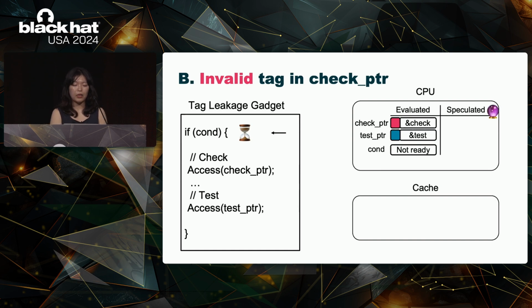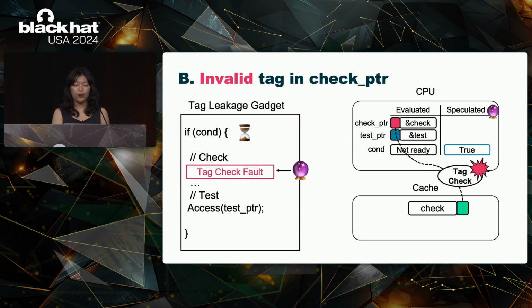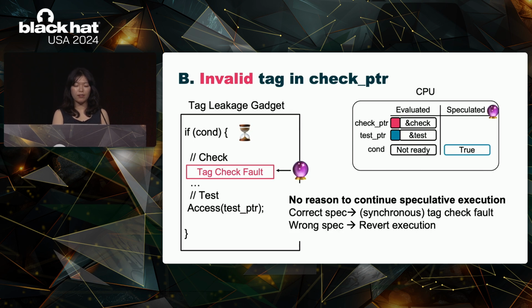But in case B, where the pointer's tag is invalid, the CPU speculatively accesses the tag pointer, and here the CPU raises a tag check fault, and the CPU does not have any reason to proceed with the speculative execution. Because if it was a correct speculation, the tag check fault would be synchronously caught by the CPU, and the next test block will not be executed.